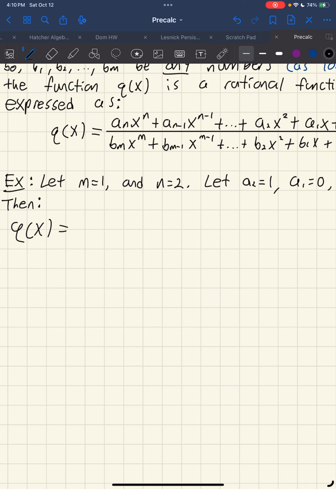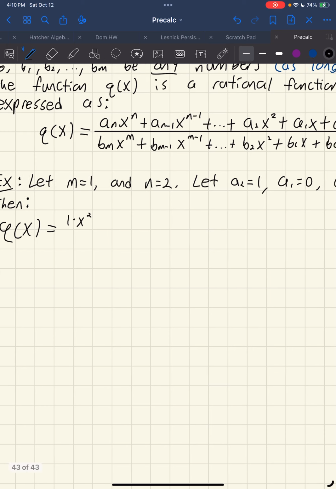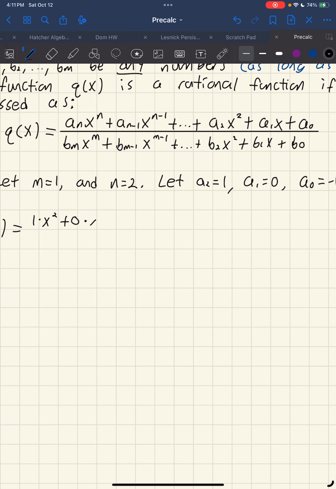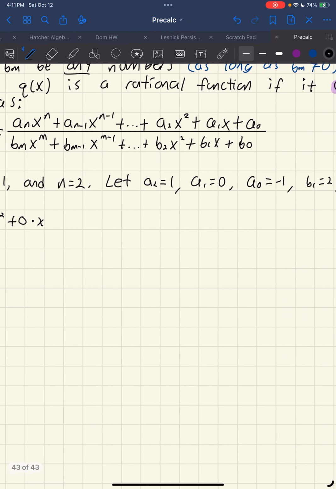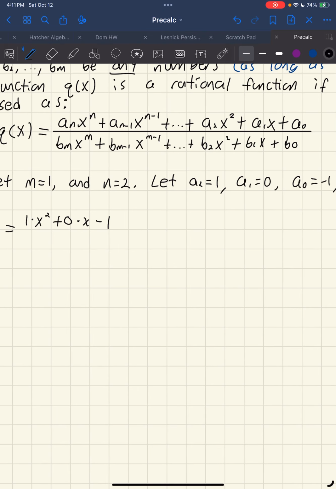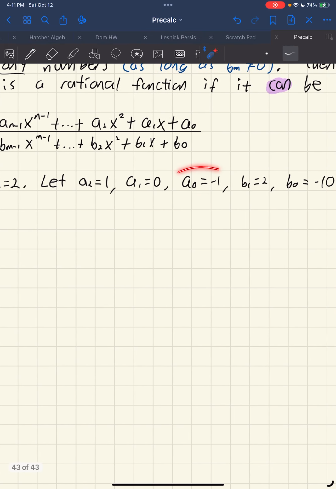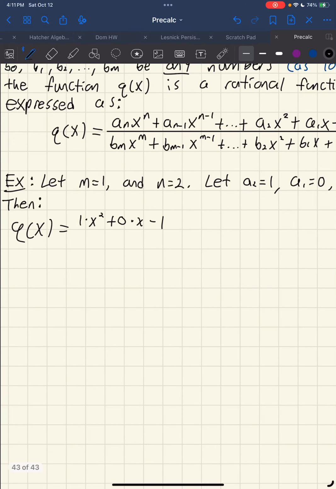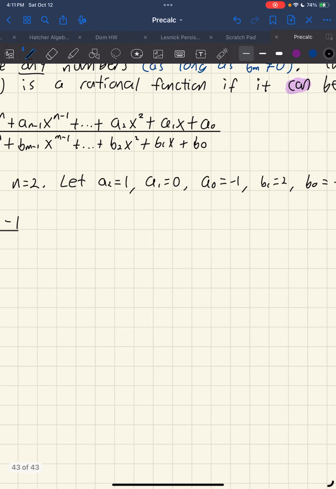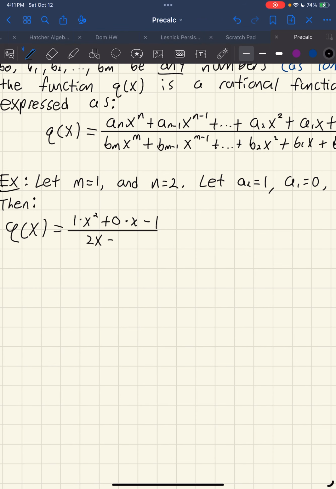Then we'll get 1 times x squared, because a2 is 1, plus 0 times x to the 1, because a1 is 0, minus 1, because a0 is -1, and under the same idea, we're going to get 2x minus 10 downstairs. And this is going to be equal to x squared minus 1 over 2x minus 10.